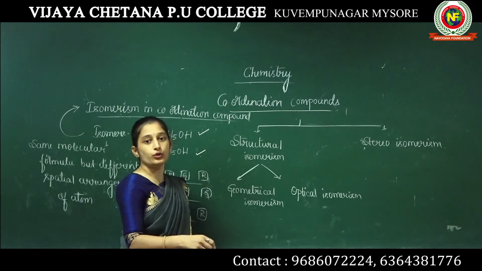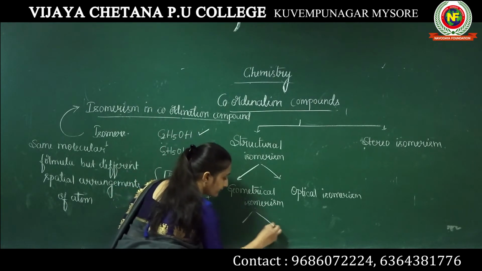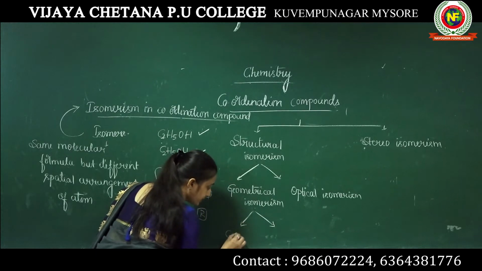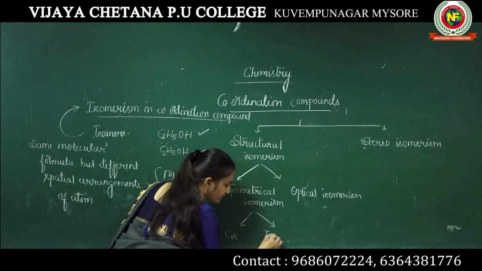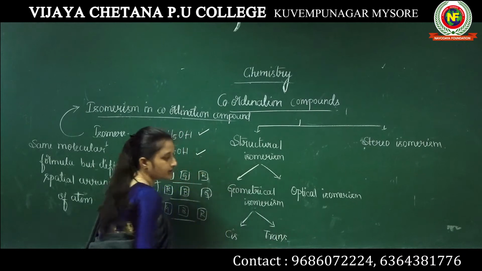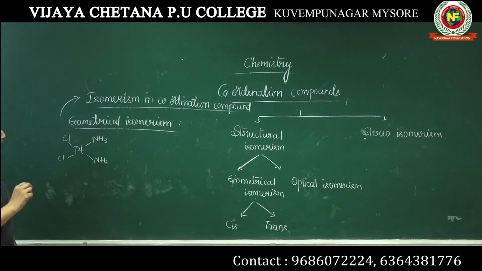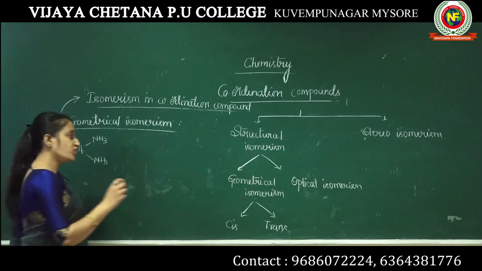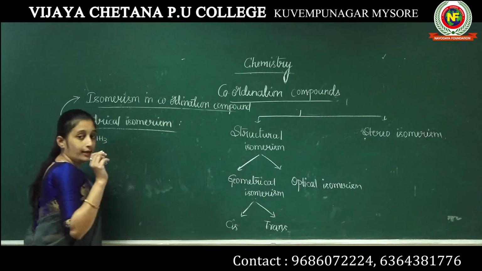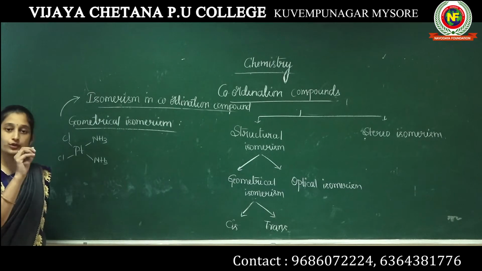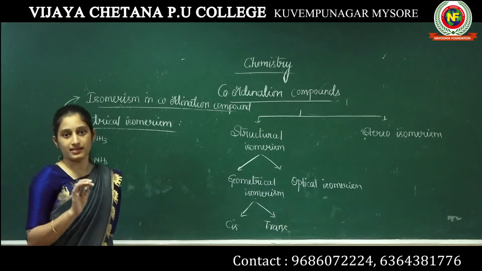Geometrical again has two types, cis and trans. Just observe this. I'm going to deal with a very precise example.